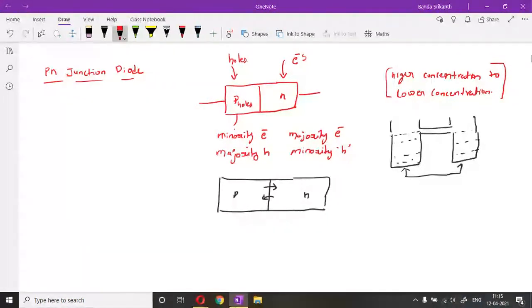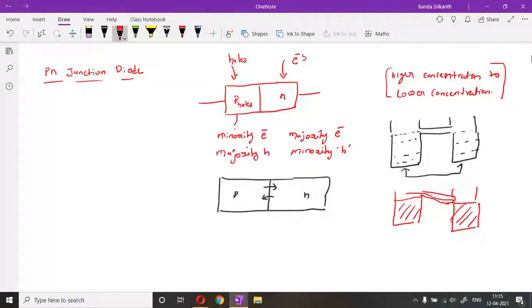No. Suppose the level is different, one upside, one downside, then what happens? The water will flow like this. Until when will the water flow? Until the level becomes the same. Whenever the level is the same, the water will not flow from one side to the other.